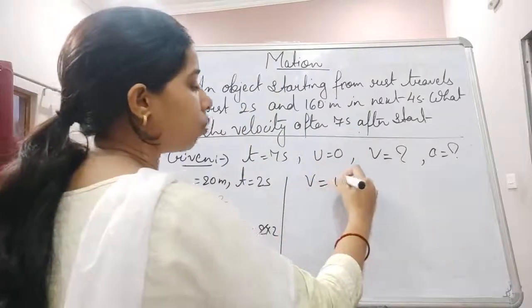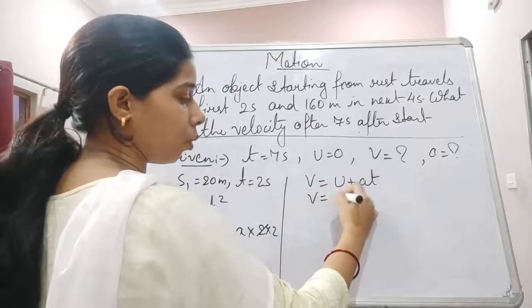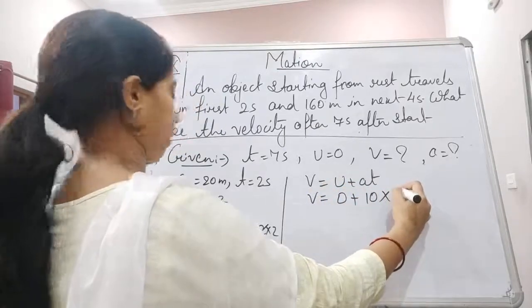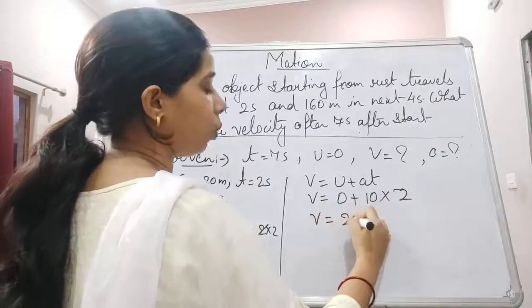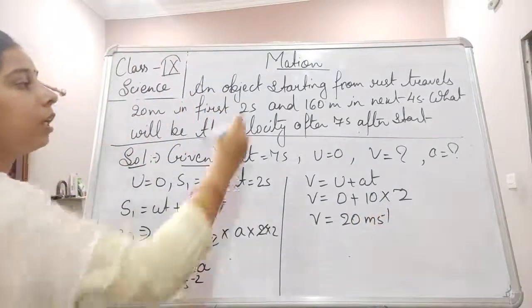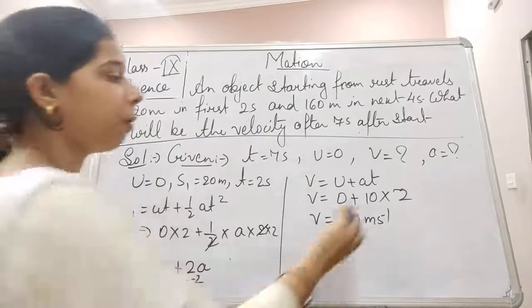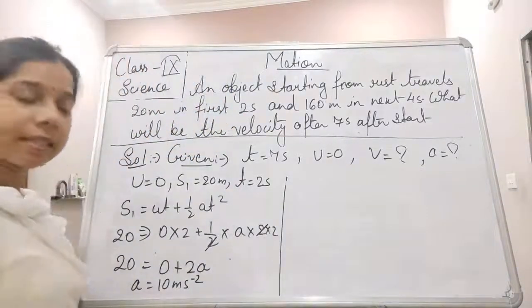So V is equals to u plus at. And V is equals to u is given 0 plus acceleration is 10 into time is 2. So V will be equals to 20 meter per second. This we will get because it will be the final velocity. Now with the help of this velocity, we are able to get the acceleration in the second case.